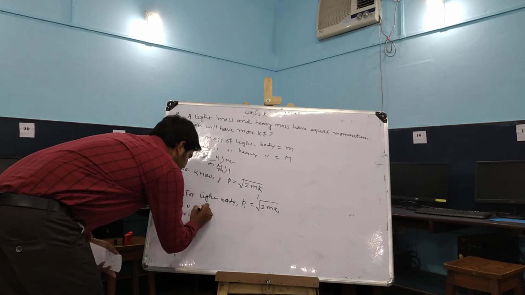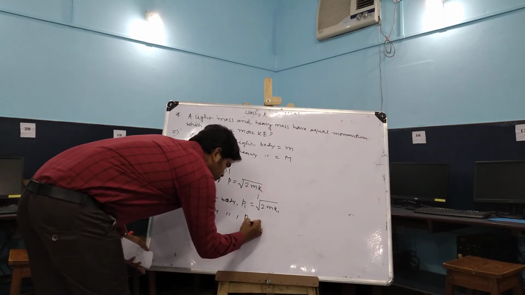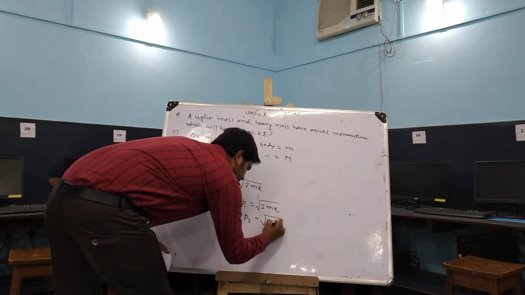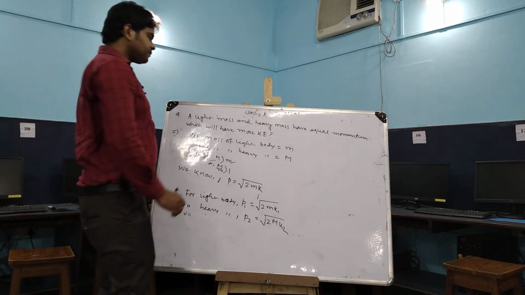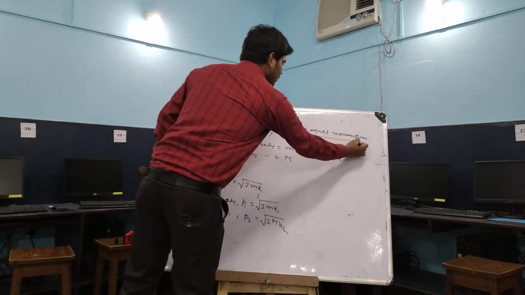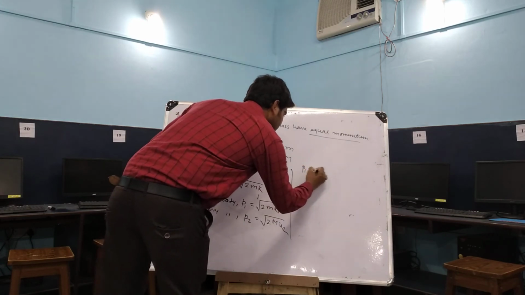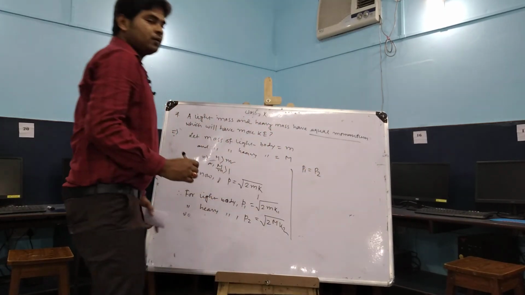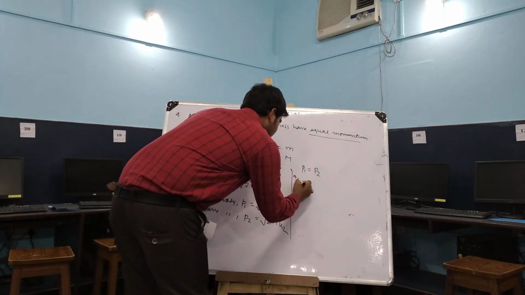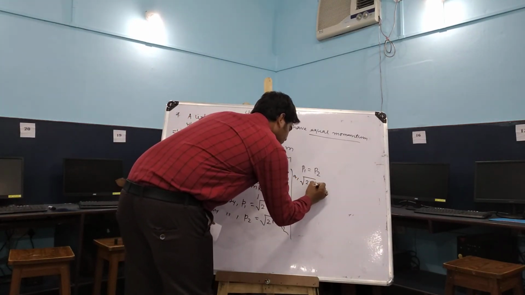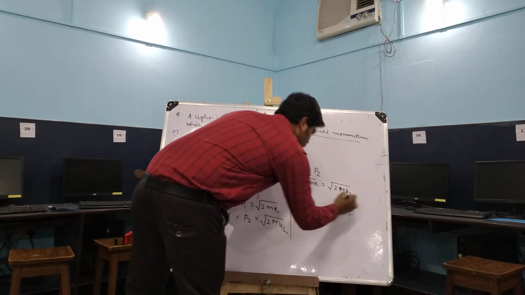Similarly, for the heavy body, P2 is equal to under root of 2 capital M K2. According to the question, they have equal momentum, that is P1 is equal to P2. Now put the values of P1 and P2: under root of 2m K1 is equal to under root of 2 capital M K2.